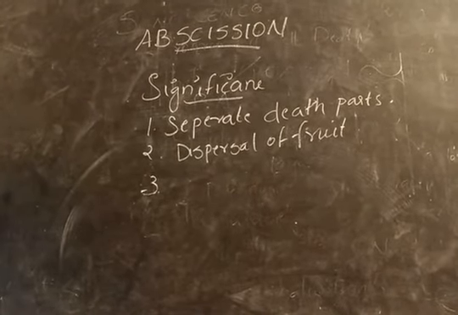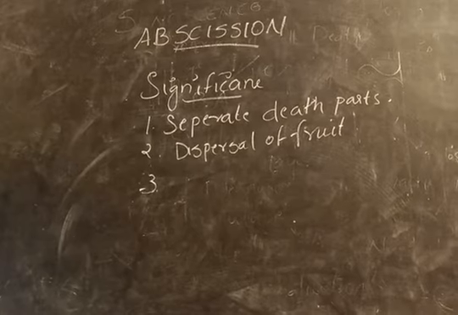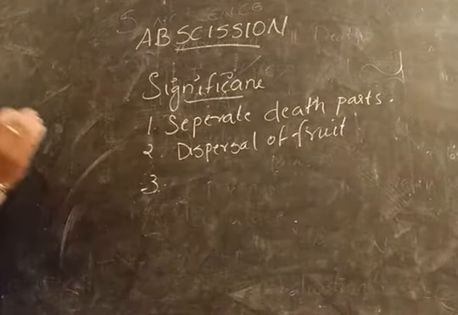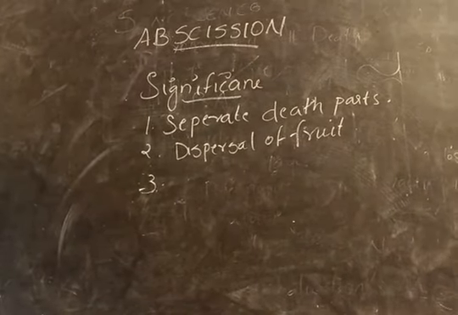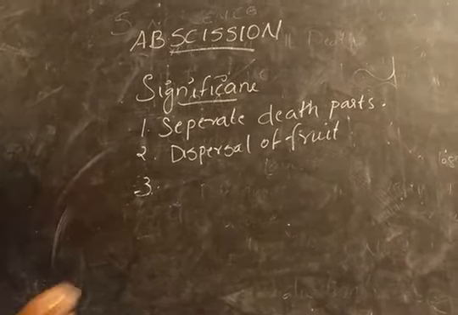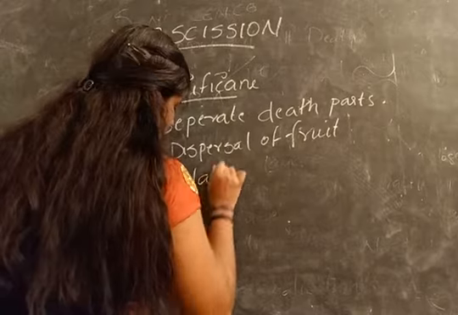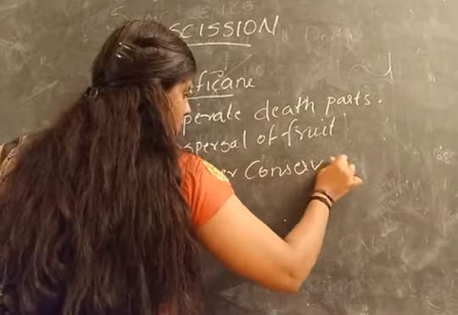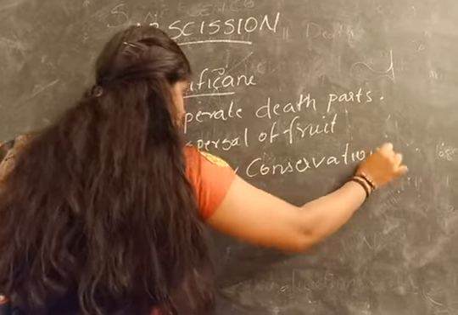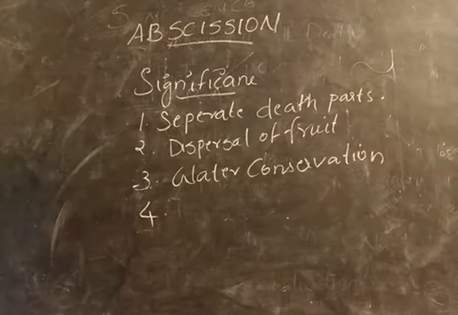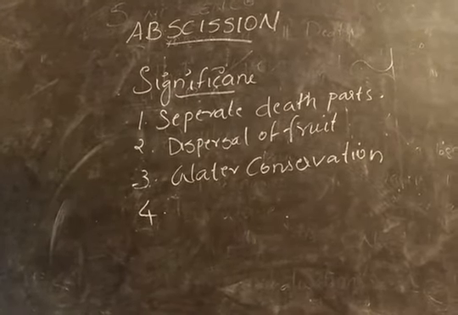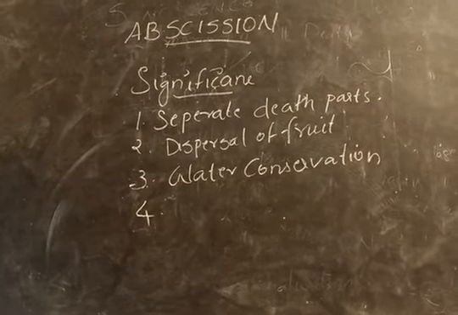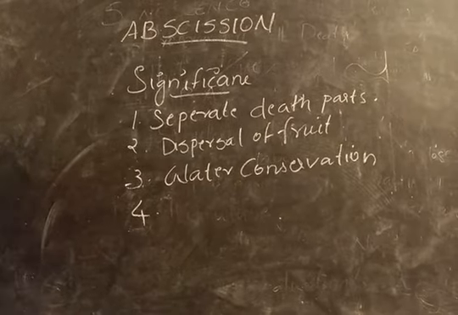Abscission of leaves in deciduous plants helps in water conservation during summer. And the last significance is that in lower plants, the shedding of vegetative parts like gemmae or plantlets helps in vegetative propagation.